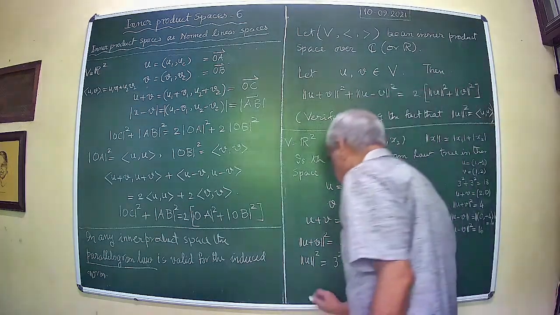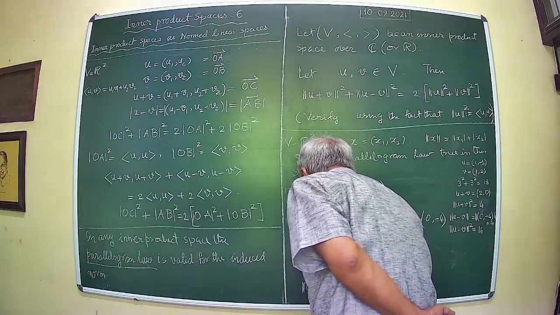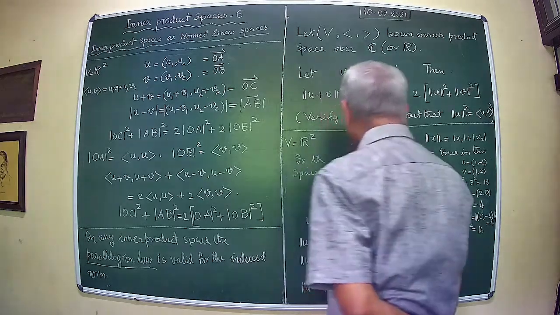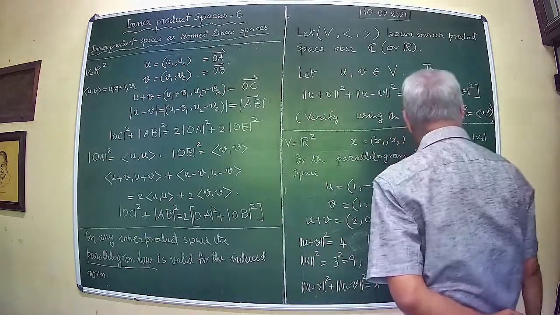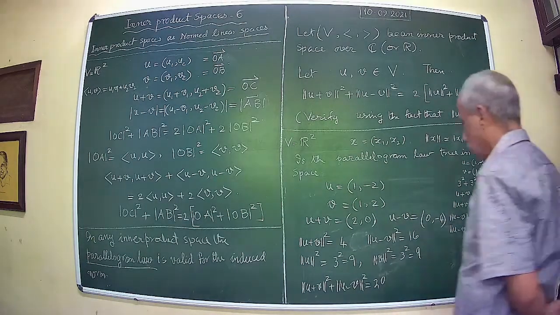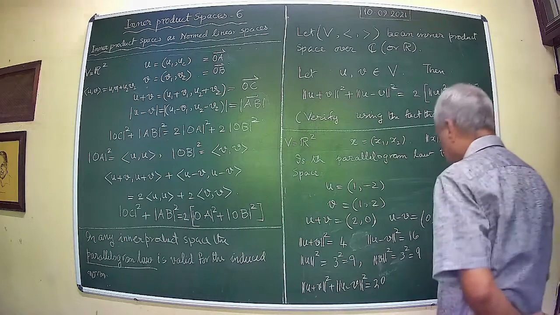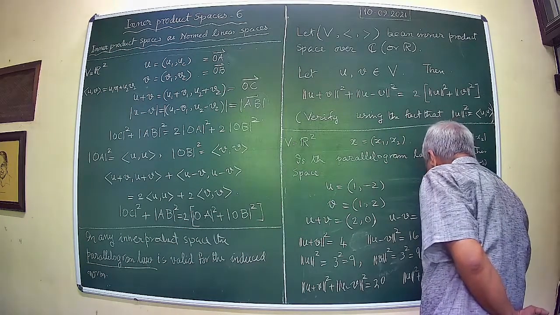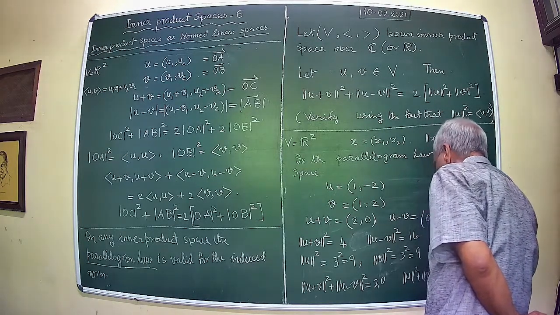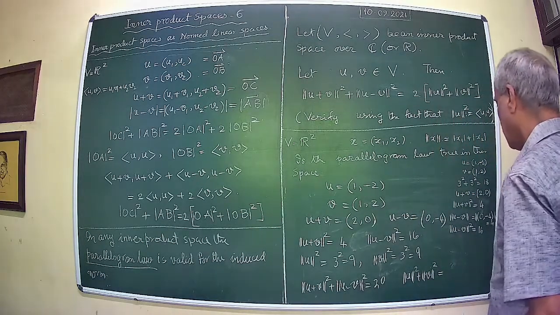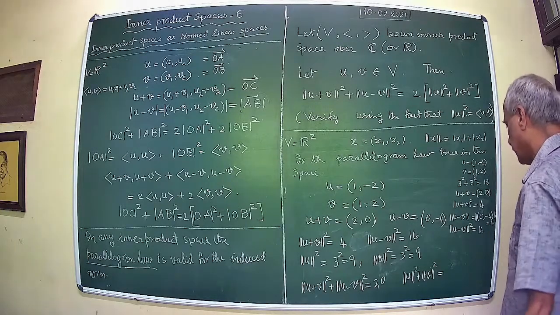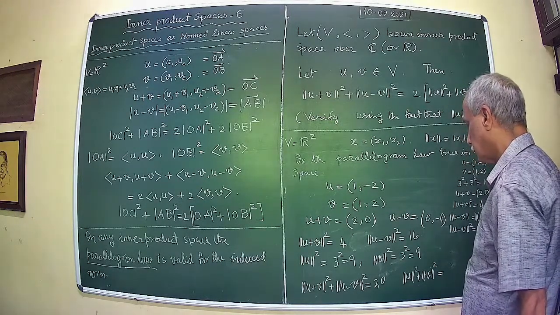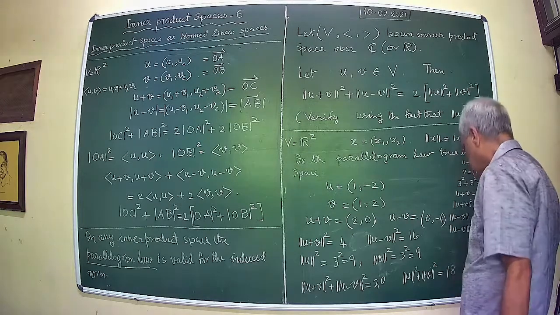Okay, now norm of u plus v is 20. Now norm of u square plus norm of v square equal to 18.